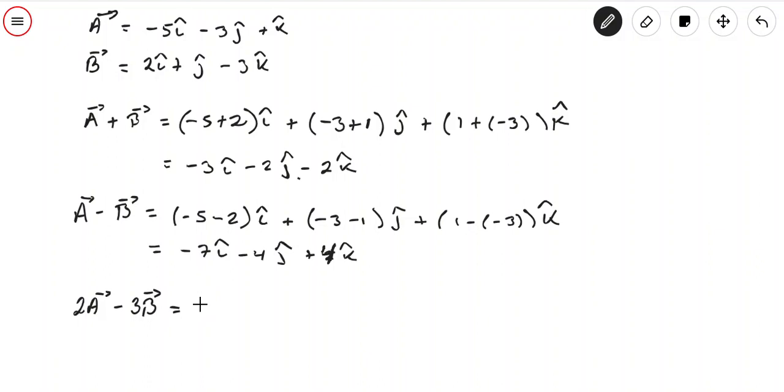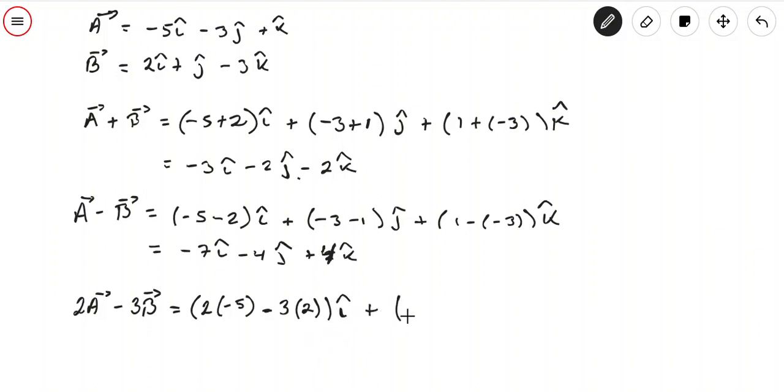So this would be 2, that is the scalar, times the i component of vector a, so it's 2 times negative 5. I have a subtraction, so I say minus, and then 3, this is the scalar that multiplies vector b, times the i component of vector b, so minus 3 times 2, this is i.